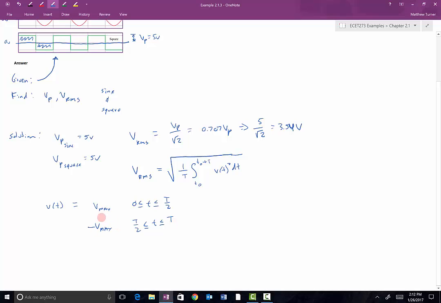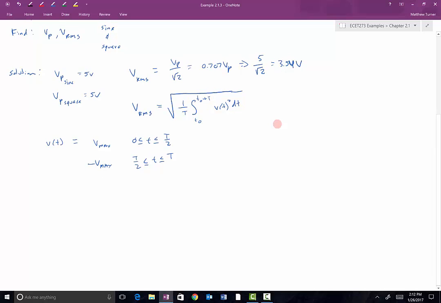We need to substitute this function v of t into the RMS value. These piecewise statements are going to affect our limits when we insert the function. Remember, we also have to square it.